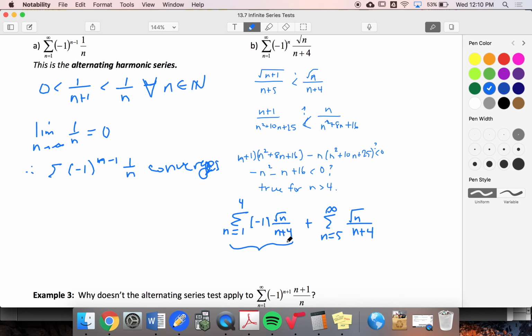This bit converges just because it's a finite sum. So I could actually calculate out what those 4 terms are, add them up. This is going to converge by alternating series test. Therefore, overall, my entire sum from 1 to infinity converges.